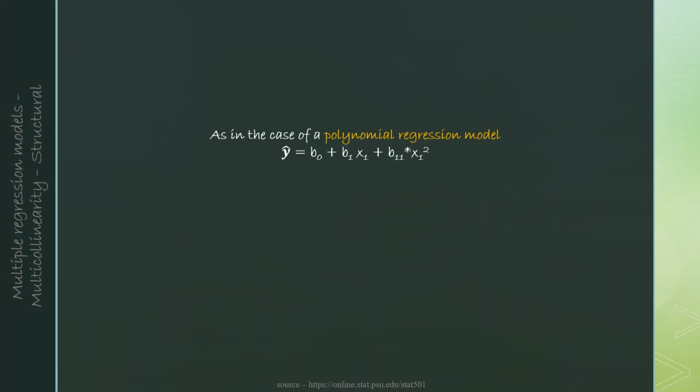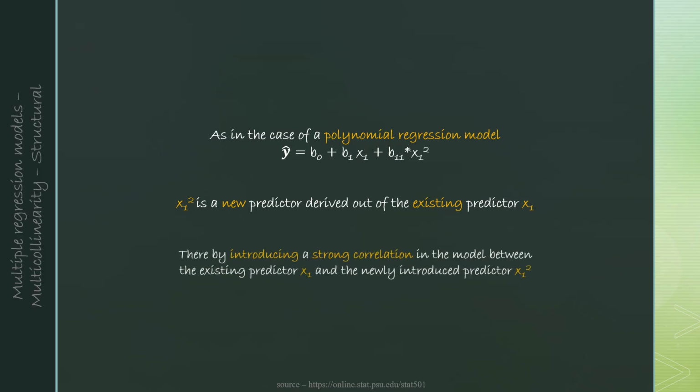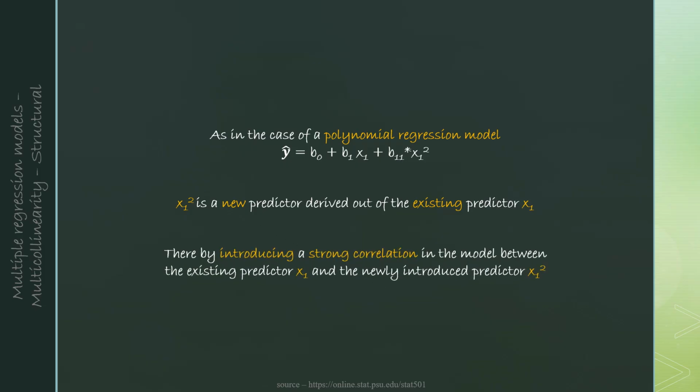As in the case of a polynomial regression model, y hat equals b0 plus b1 multiplied by x1 plus b11 multiplied by x1 square. x1 square is a new predictor derived out of the existing predictor x1, thereby introducing a strong correlation in the model between the existing predictor x1 and the newly introduced predictor x1 square.